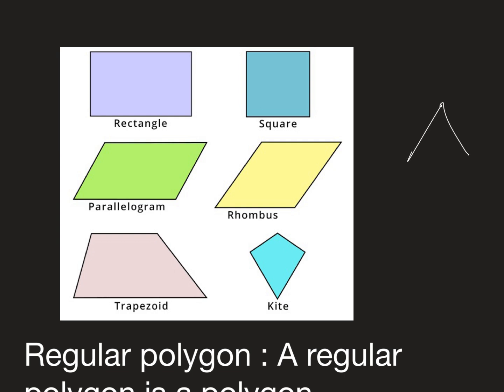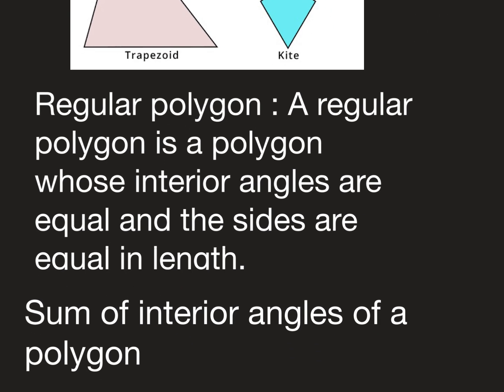Why? Because for an equilateral triangle, the angles are 60 degrees, okay? And the sides are also equal. We have already discussed a regular polygon. To reiterate what we have just said, a regular polygon is a polygon whose interior angles are equal and the sides are equal in length.